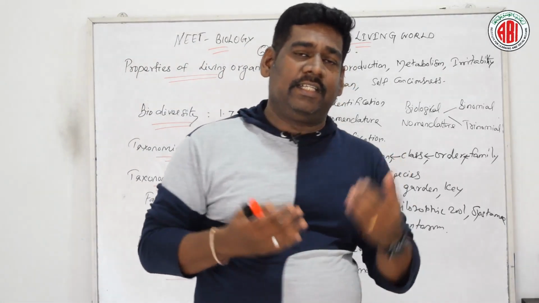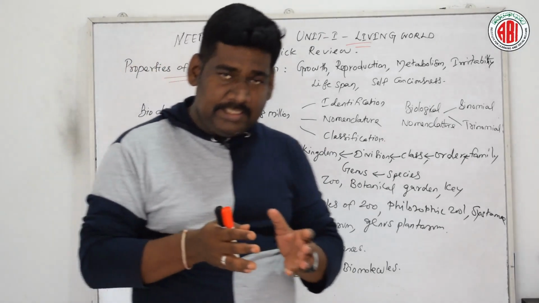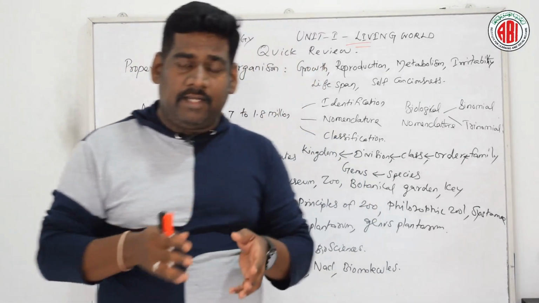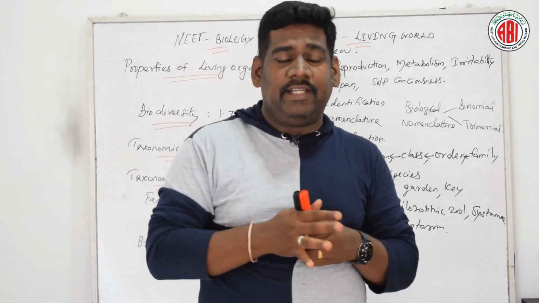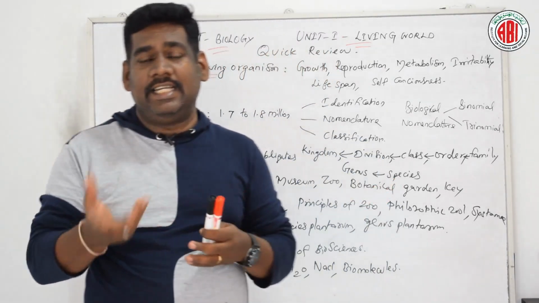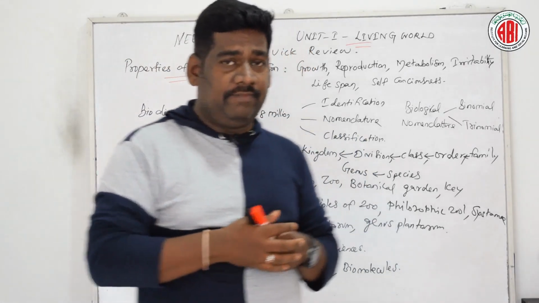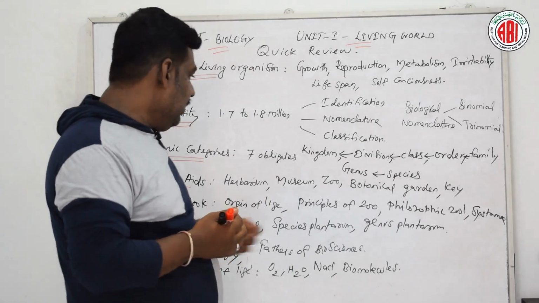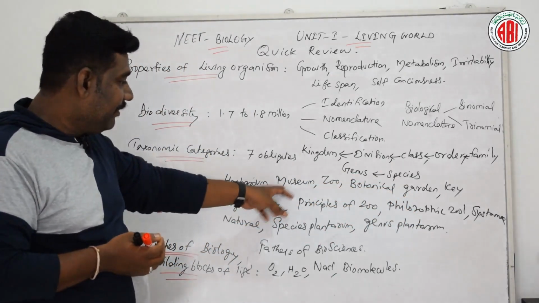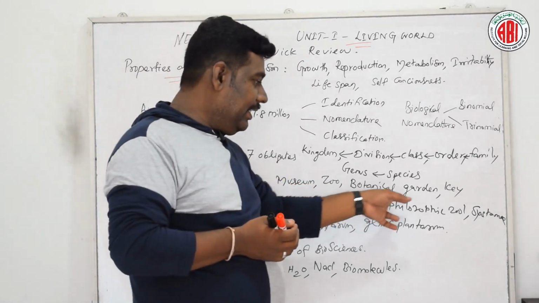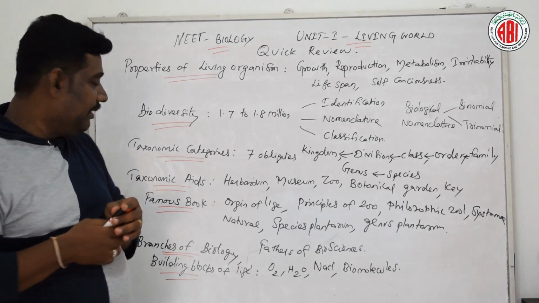They also help us study its phylogenetic traits, its genetic variations and phylogenetic evolution. So all that we can study in detail. A few examples are herbarium, museum, zoo, botanical garden and key. These are the different categories of taxonomical aids.